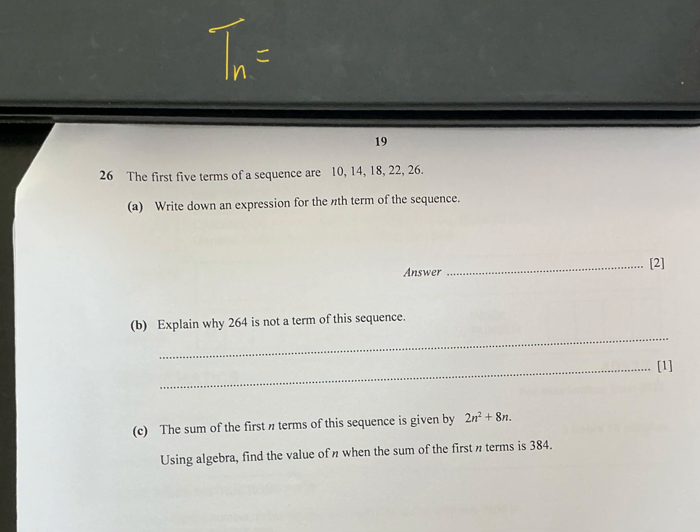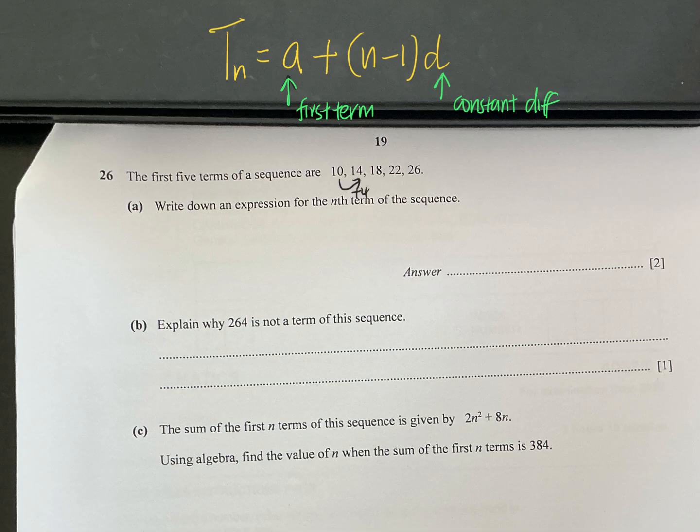Nth term formula is always A plus n minus 1 times D. The A means the first term in the sequence. The D means the constant difference. So if you look at the sequence you are given, the constant difference is +4.